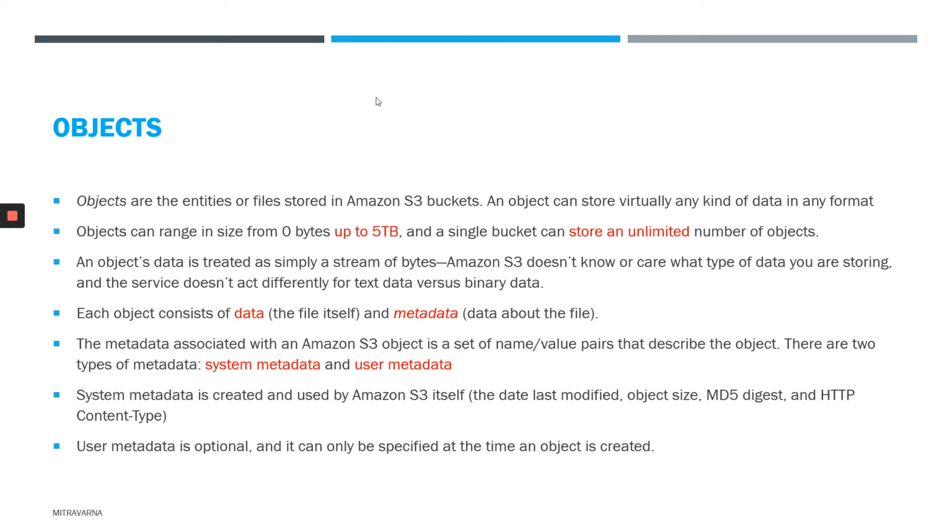System metadata is created and used by Amazon S3 itself. For example, the date, last modified, object size, MD5 digest, that is for security and encryption, and HTTP content type. User metadata is optional, and it can only be specified at the time an object is created. I have already talked about this.